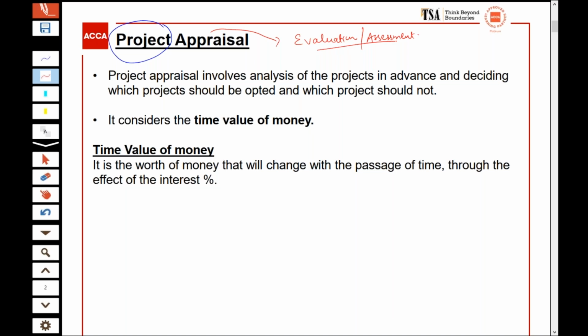Usually we use the word appraisal for past performance, but project appraisal involves analysis of the projects in advance, and deciding which project should be opted for and which should not.